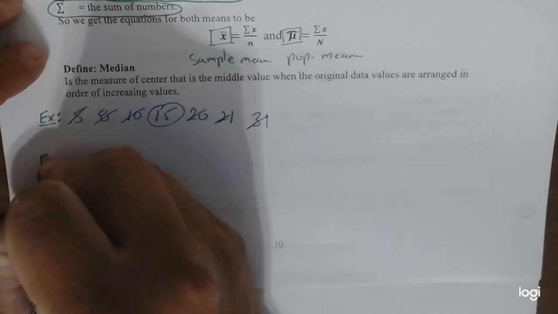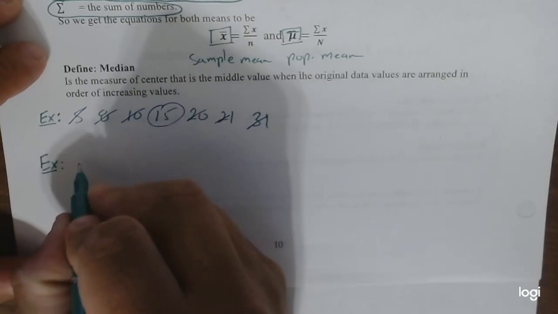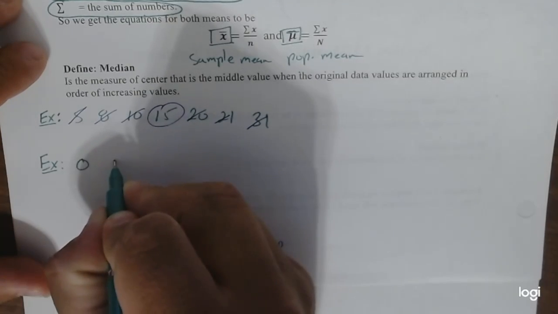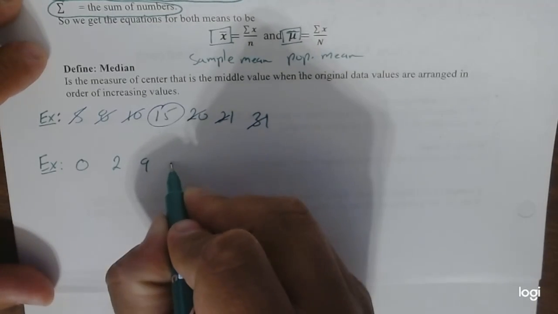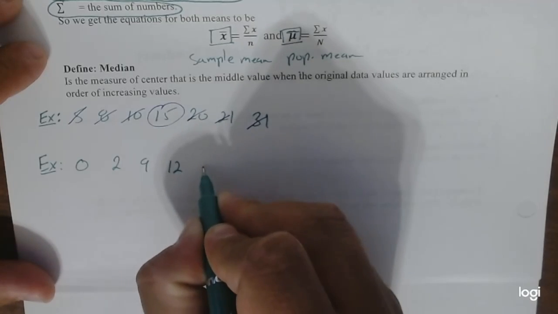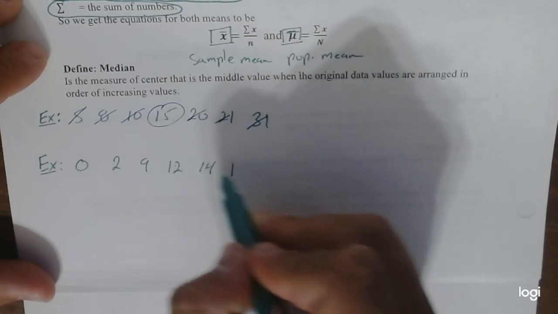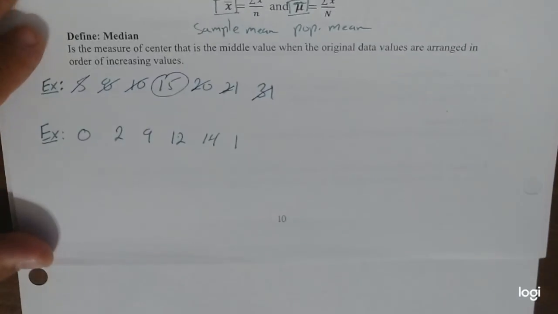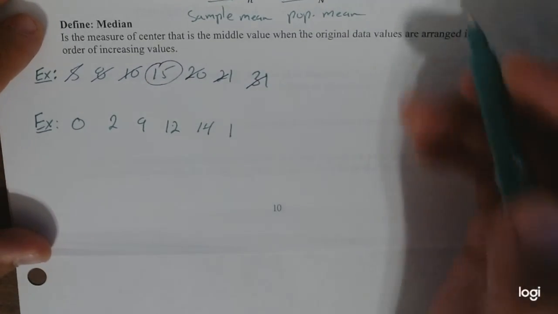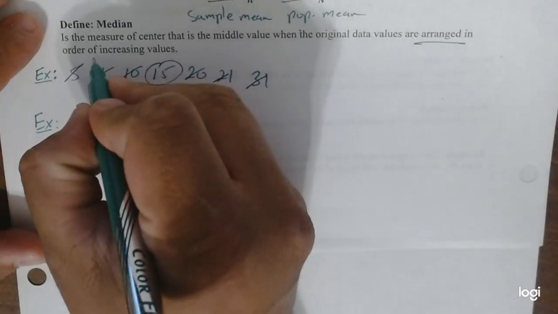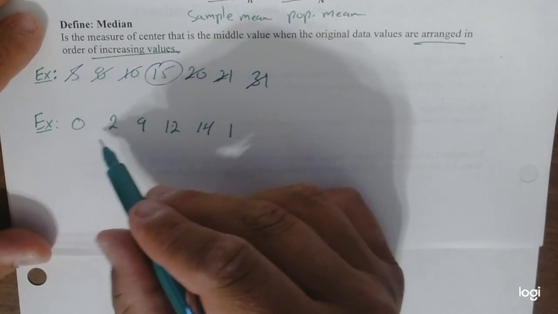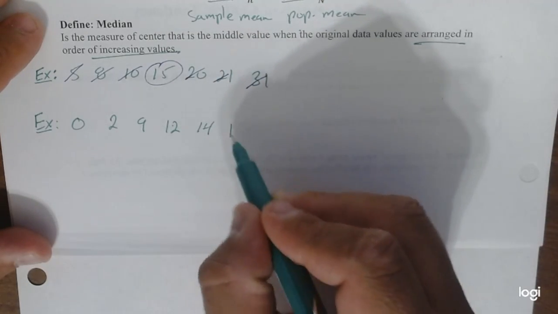Let's just try another example. Let's say 0, 2, 9, 12, 14, 1. Now I'm trying to trick you, because remember it says arrange in increasing order. This actually is not increasing order, because 1 is not bigger than 14.